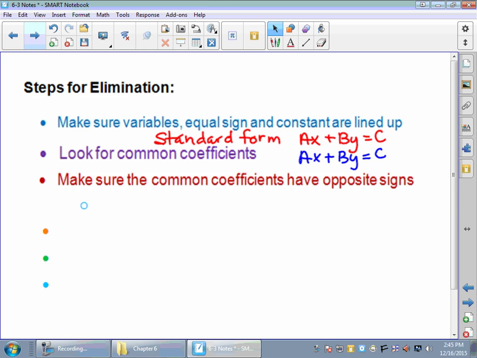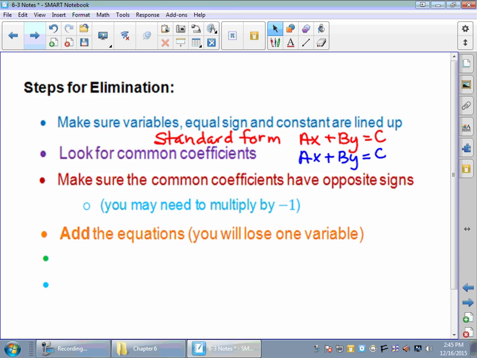Make sure the common coefficients have opposite signs. So you want them to be a positive 2x and a negative 2x so they cancel, or a positive 3y and a negative 3y, so that when you add these together, they will cancel. If you need to, you may have to multiply one of the equations by -1 to force that opposite sign. And I'll show you that.